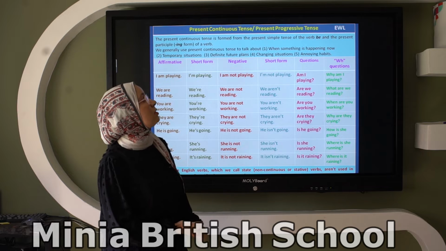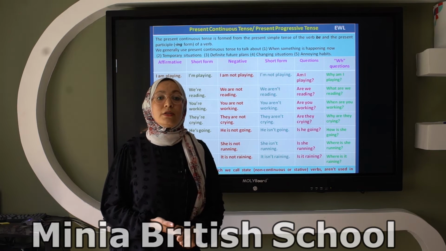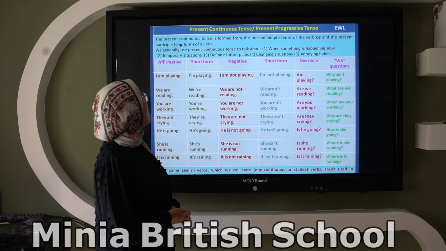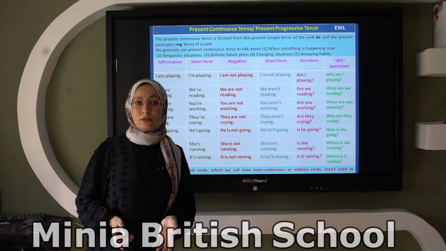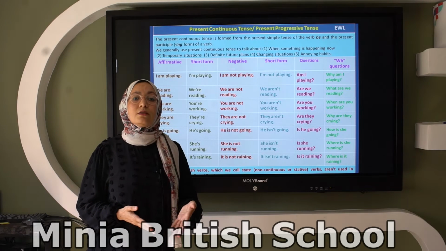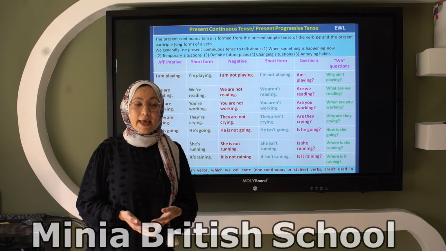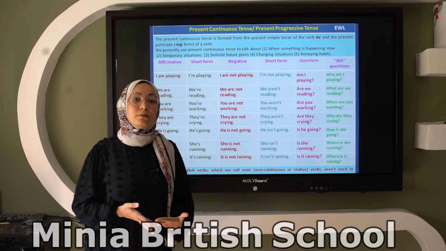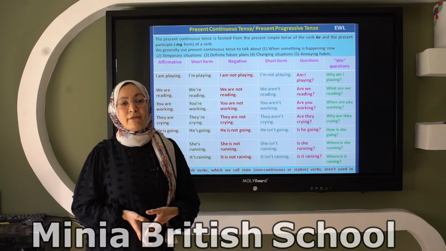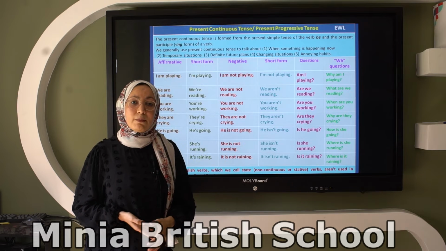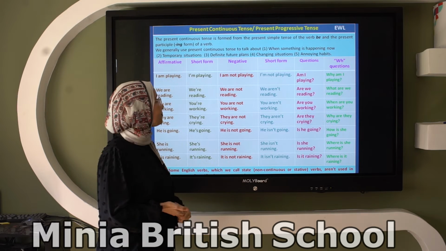Now, the present continuous tense, or the present progressive. The present continuous tense is formed from the present tense of the verb to be, which is am, is, or are, and the participle form of the main verb that you have. Just use the verb plus -ing.